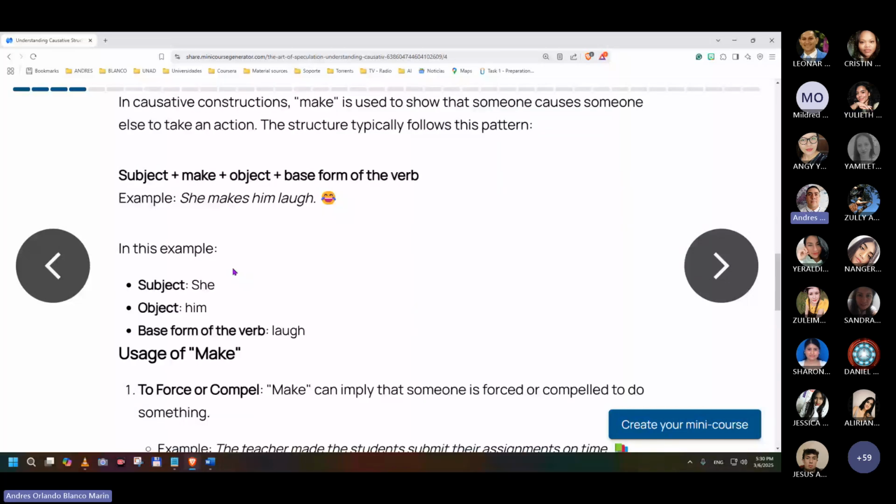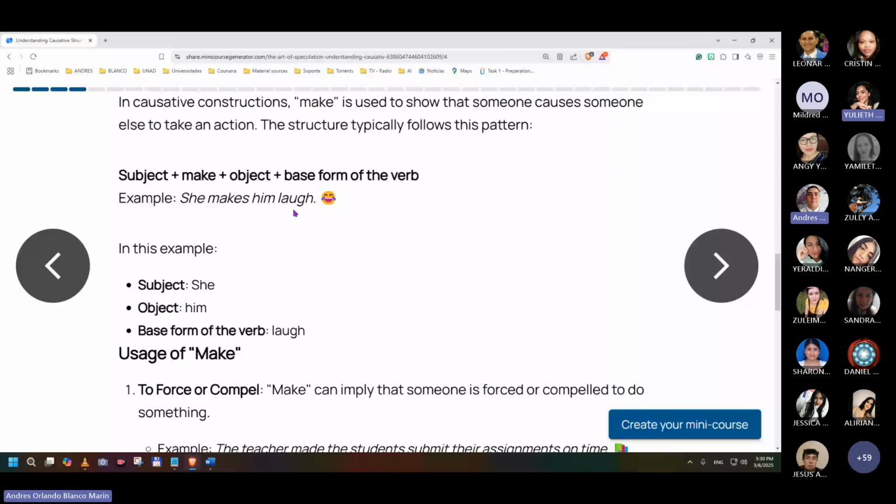If you say, she makes him laugh, who is laughing? Ha ha ha. Him, the man, right? But what causes the happy moment?